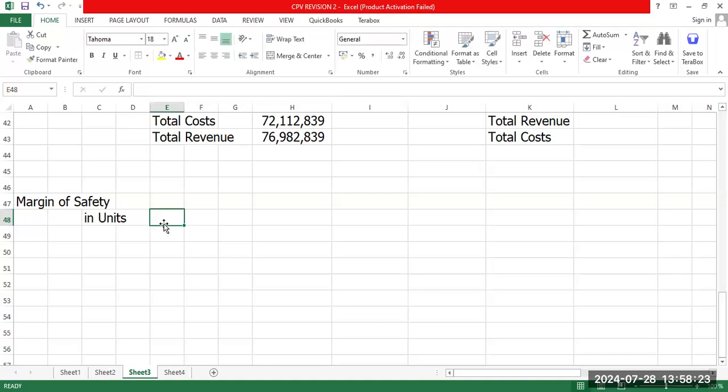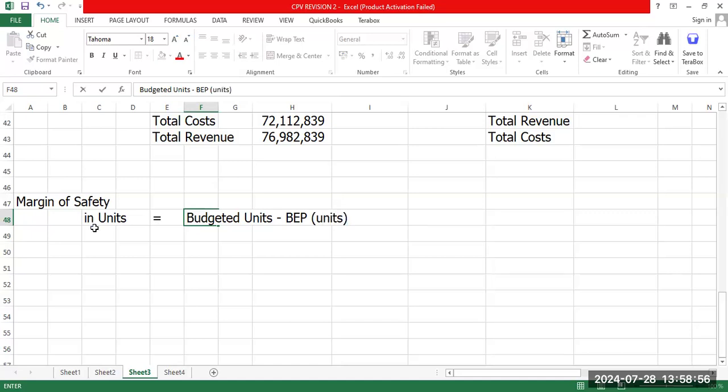Margin of safety in units, we said that is equal to budgeted units, then you subtract break-even point in units. That is margin of safety in units.